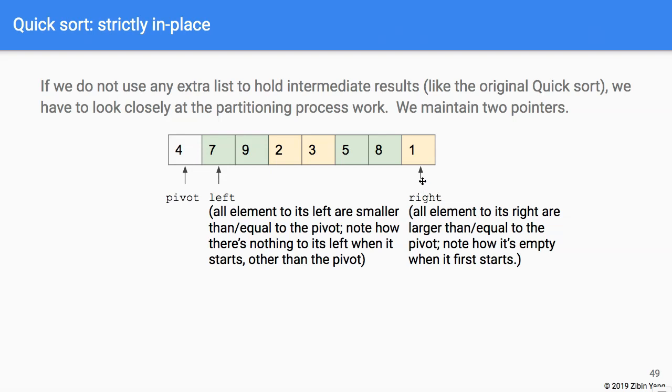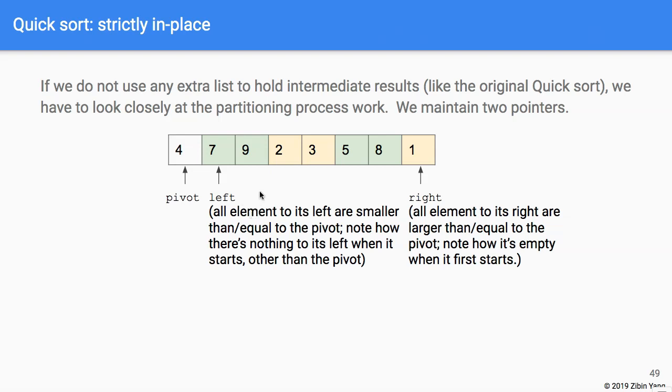And then the significance of the right pointer is that all the elements to the right of the right pointer should be larger or equal to the pivot. Again, notice when we first started, there's nothing to the right of the right pointer, which totally makes sense because we don't know if anything is larger than the pivot just yet.